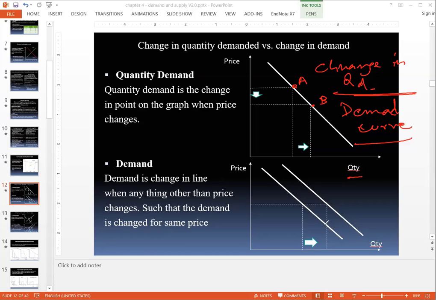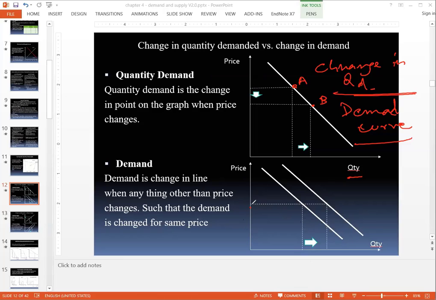So here you can see that there is a new demand curve. At the same price the customer is buying more. So it means price has not changed, but the demand has changed, so something else has changed. If price changes, we call it a change in quantity demanded.